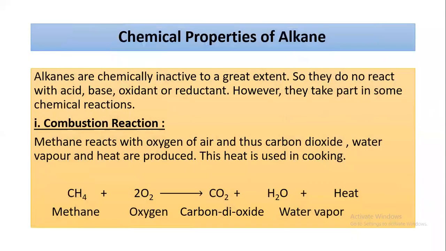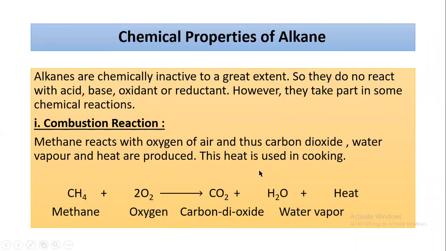Now, I'll discuss the chemical properties of alkane. Normally, alkanes are chemically inactive to a great extent. However, they take part in some chemical reactions, that is combustion reaction and substitution reaction. Methane reacts with oxygen of air, and thus carbon dioxide and water vapor and heat are produced.